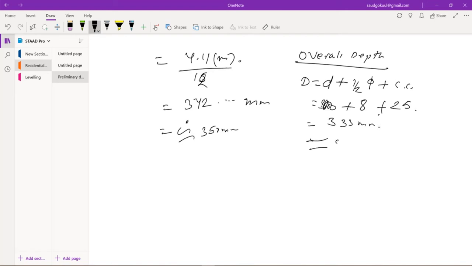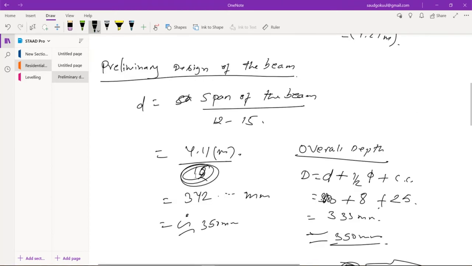Let's take it as nearly equal to 350 mm. This is how you do it, and similarly you can change the factor for the slab also. This is just a thumb rule, not a hard and fast rule. So we got the overall depth of the beam as 350 mm.